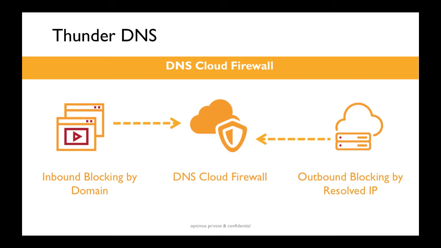The server level DNS firewall allows custom firewall configurations that can be defined specifically for each server. This includes blacklisting or whitelisting specific domains or IPs. Thunder DNS allows up to 10,000 unique server-level firewall configurations.